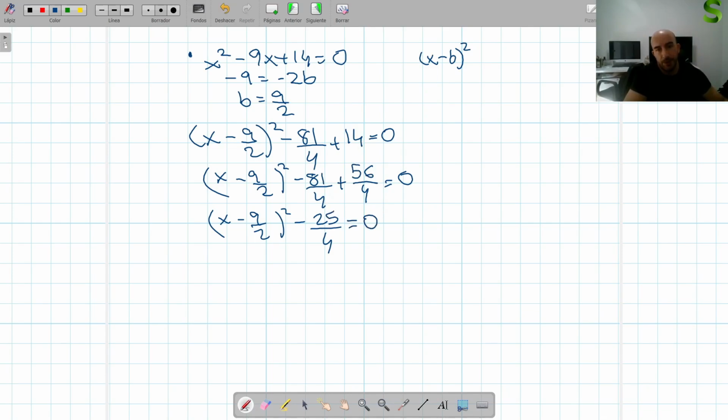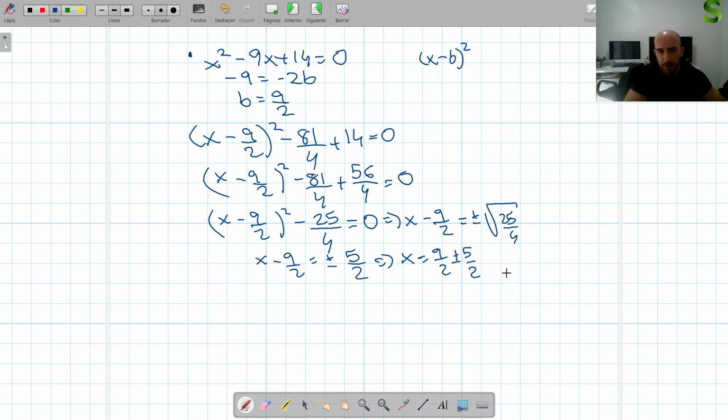Okay, equals 0. So x minus 9 halves equals plus minus the square root of 25 fourths. Okay, x minus 9 halves equals plus minus 5 halves. x equals 9 halves plus minus 5 halves, which gives us two solutions. x equals 14 halves, which is 7, and x equals 4 halves, which is 2.